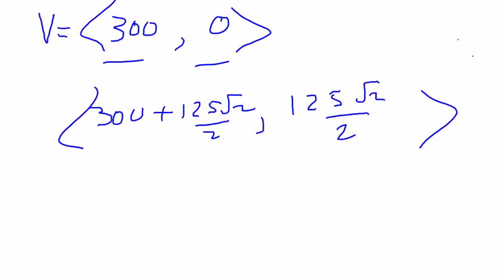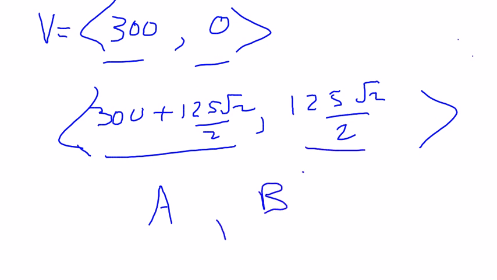So what I'm going to do on my calculator, and this is what you're going to want to do on the test, is add these two together and store that as A. I'm going to put this in my calculator and store that as B. So now I end up with a vector A, B. Go ahead and do that.